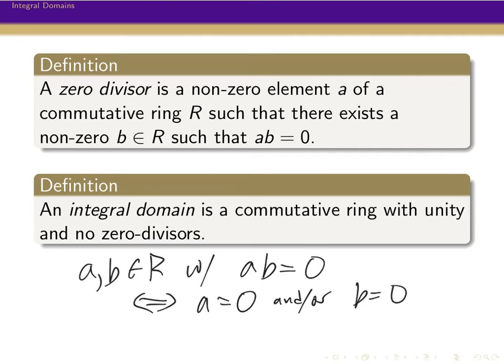If you think about solving things with, say, polynomials, this is an important property to have. If you factor a polynomial and set it equal to 0, it's important to know that at least one of the parts is equal to 0.